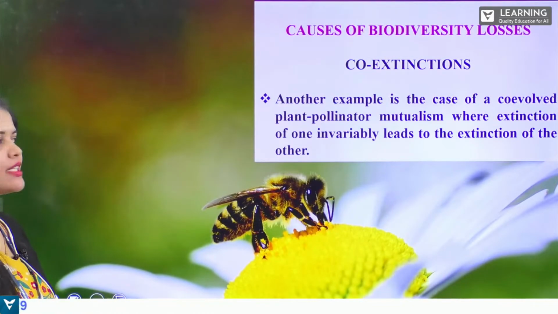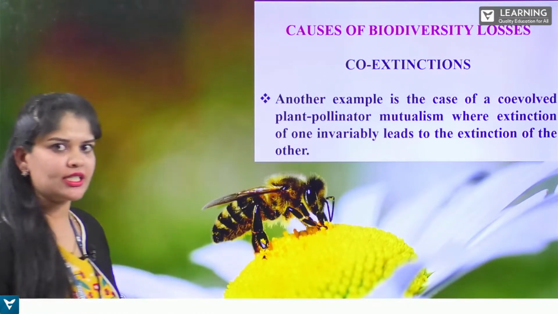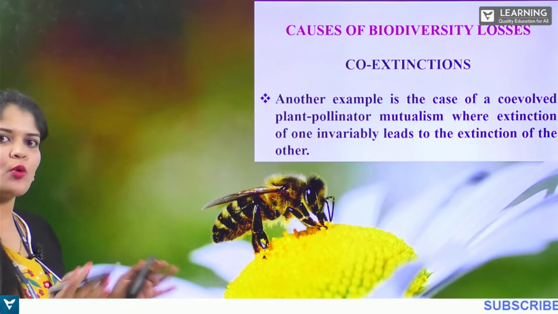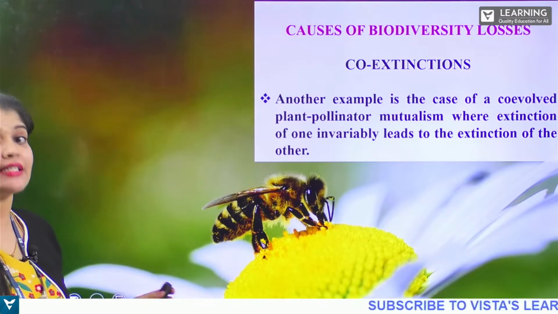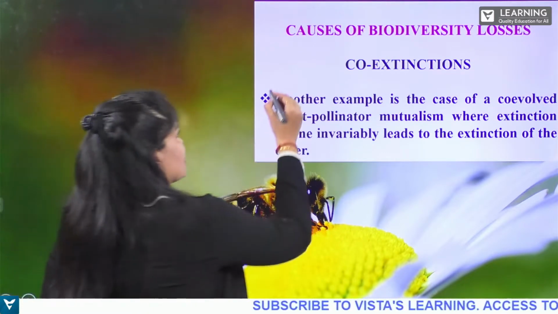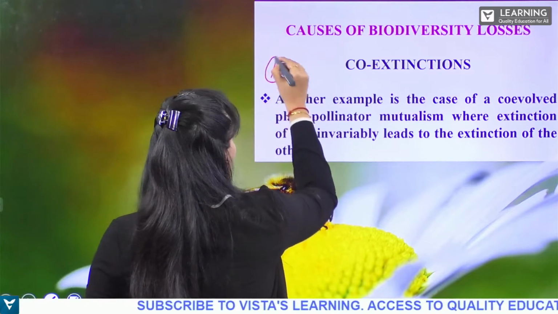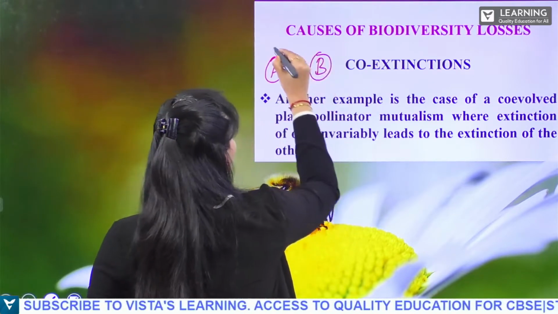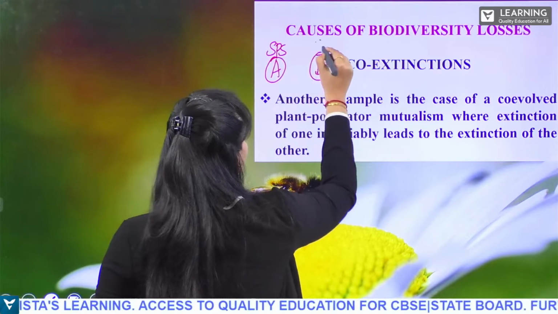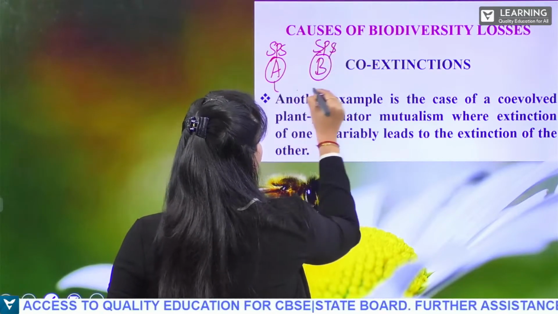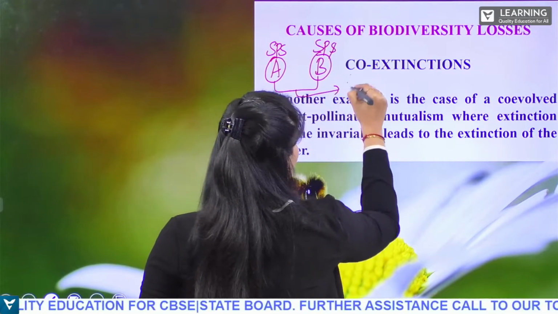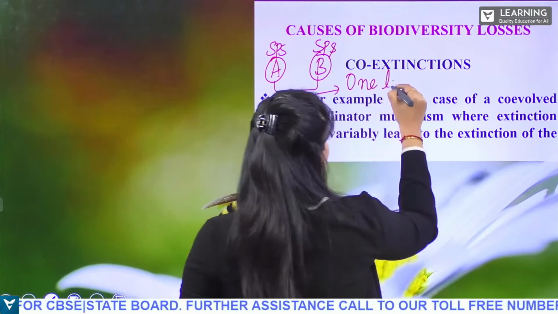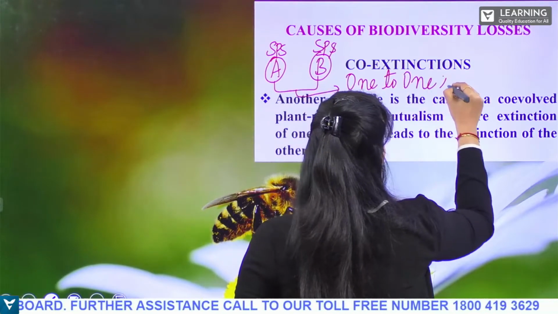Another example. Just now we said that in the case of co-evolution, evolution happens in both of the interacting species. If you consider A and B are two species which are in close association with one another, both species are in a one-to-one relationship.